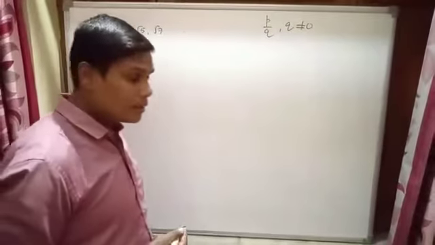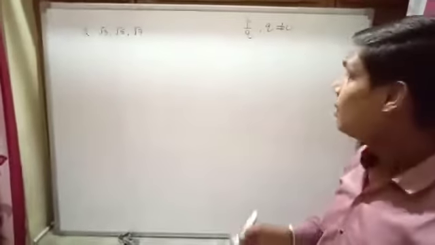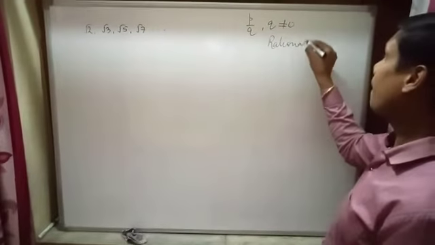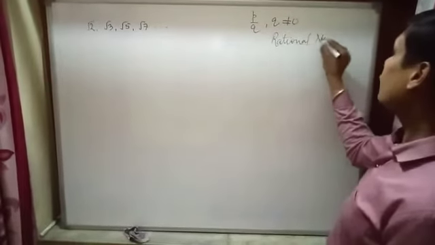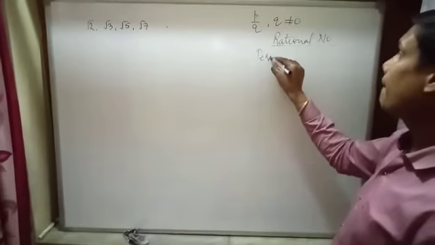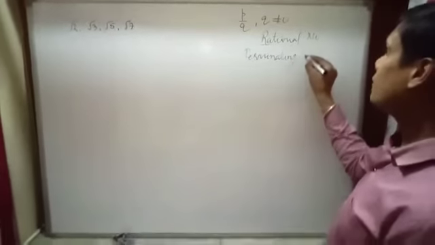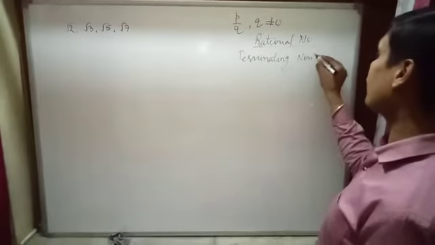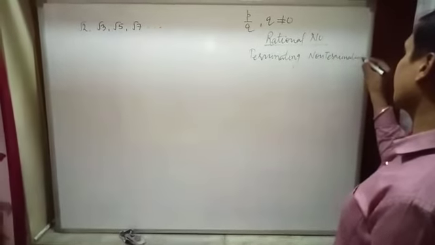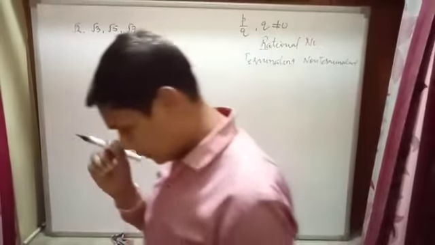Among the rational numbers, there are two types. What are the types? Terminating and non-terminating. What is the meaning of terminating and non-terminating?